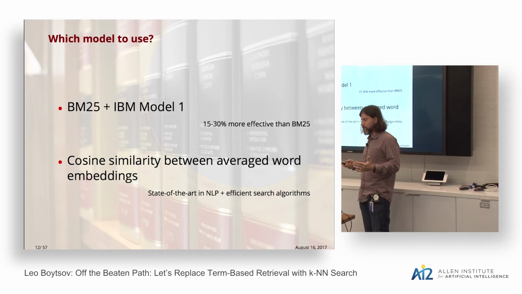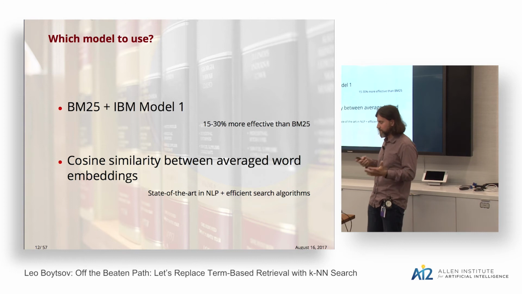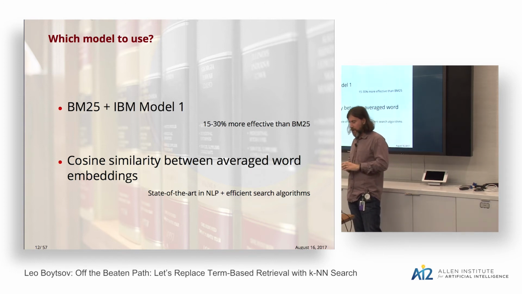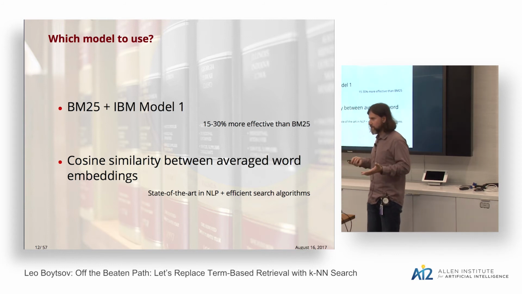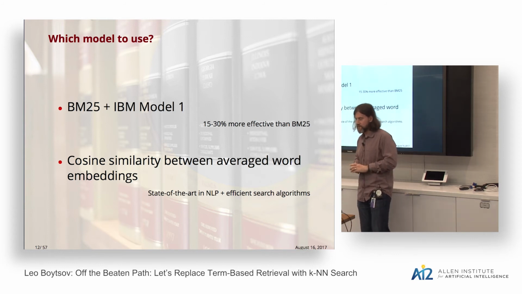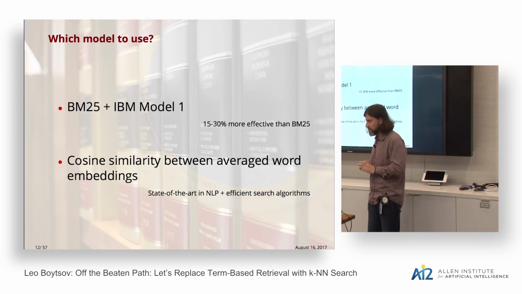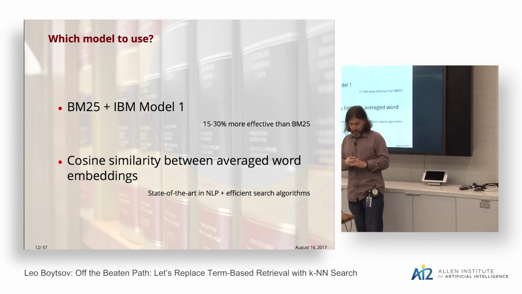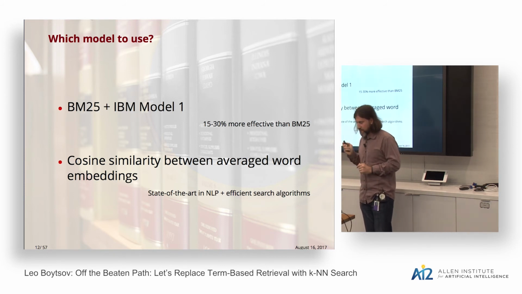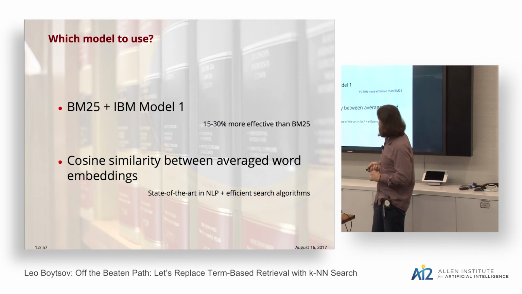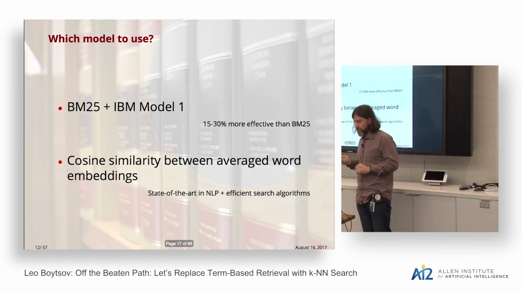And I also played with dense representations, and in particular with average word embeddings, where similarity is computed using simple cosine similarity. And I assume that everybody knows about average word embeddings, so I won't talk about this in detail, but I would like to say a few words about IBM Model 1, because that's an old technique, and in particular because it was so effective in my experiments.